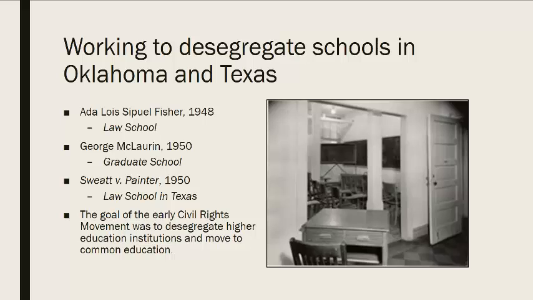I had an OU professor once tell me that during lunchtime, the cafeteria would close for the first 15 minutes, and Mr. McLaurin would go in and have his lunch, and then after he finished, it would open and all the white students would go in. So this was inherently unequal and will also get caught up in litigation.